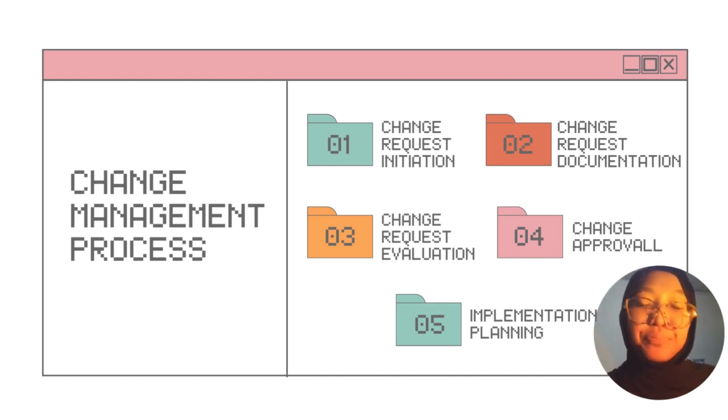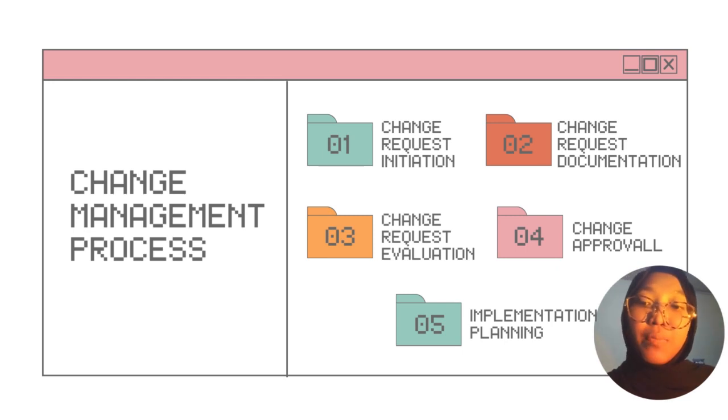And the fourth is change approval. Once the change request is evaluated, it is submitted for approval. The approval process involves key decision makers, including the project manager and the client. And the fifth is implementation planning.